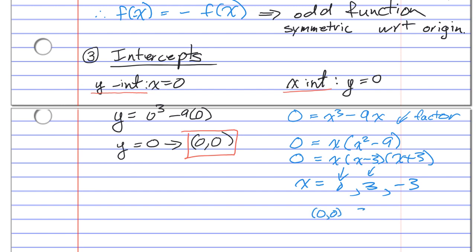We have 3, 0. And we have negative 3, 0 as our points. And I'm just going to highlight those in order for us to look at this later. So now we have all 3 points. All these points are 0, 0, negative 3, 0, 3, 0.